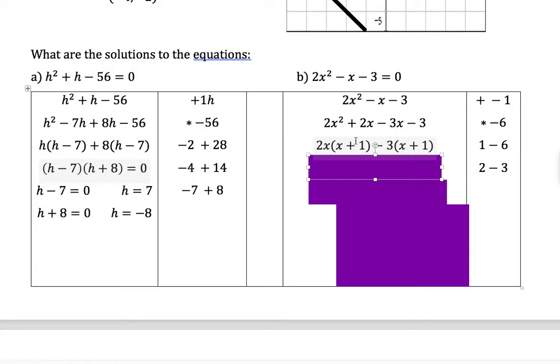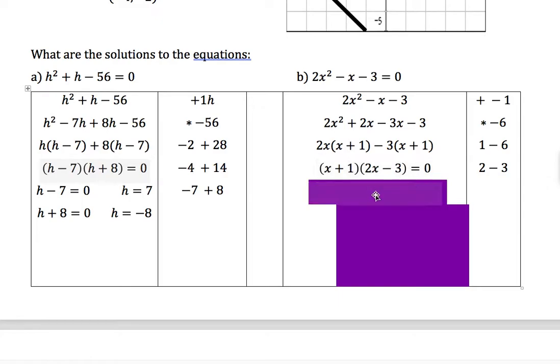I think I said x plus 2 earlier. Sorry about that, guys. It should be an x plus 1. Anyway, now both this term here and this term here have the x plus 1, so that can be factored out. We just have an x plus 1, and then what we have left would be a 2x minus 3, and that is set equal to 0.